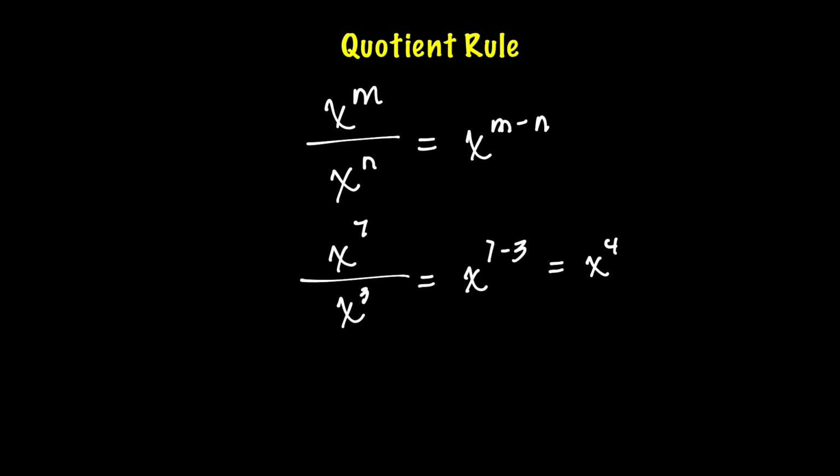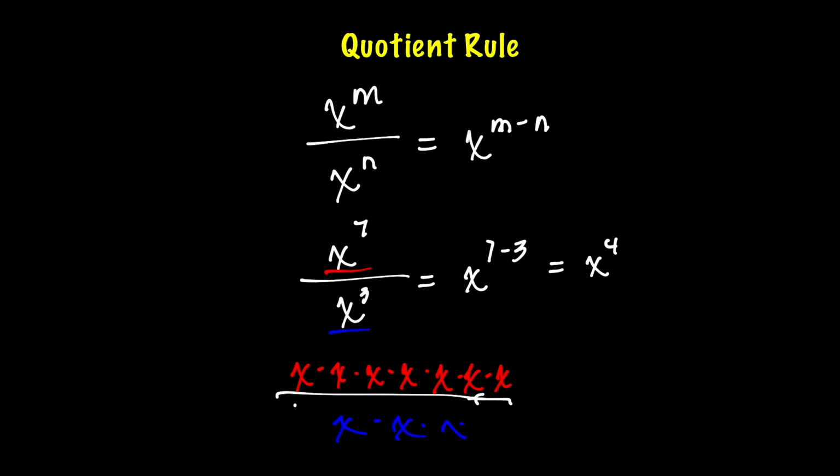Because if I were to write out all of the factors of x to the 7th, I would have 7 factors of x. So there's 4, 5, 6, 7. And then that would be over my x cubed. So I'd have x times x times x.